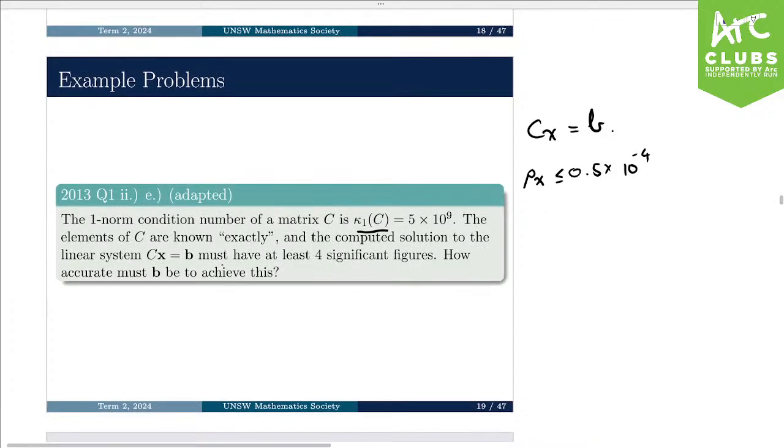And the question asks, how accurate do we need b to be?